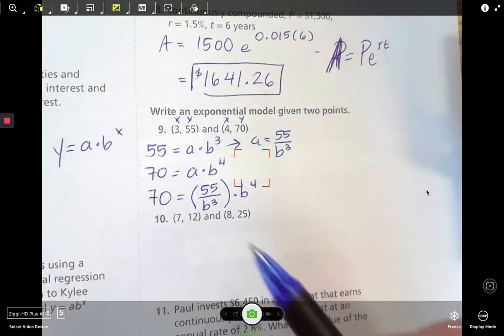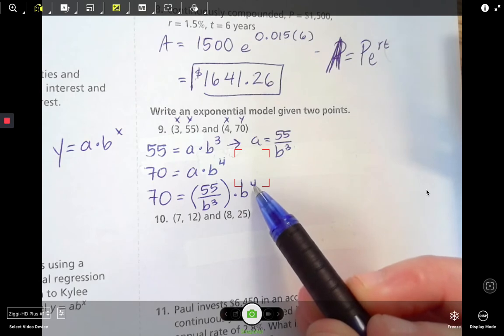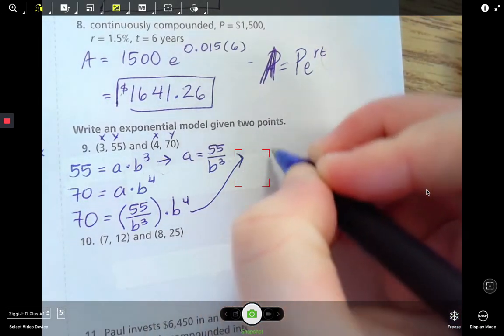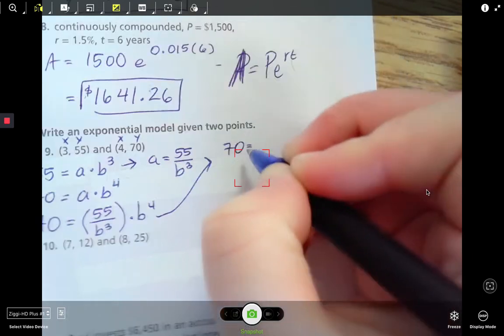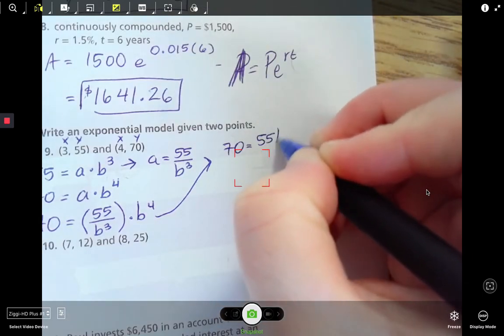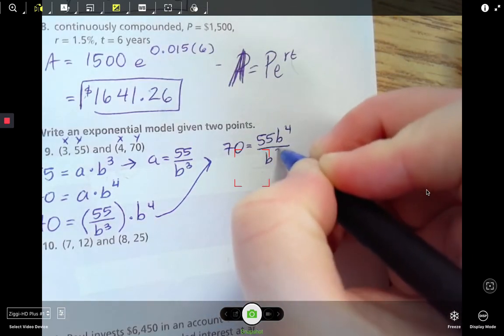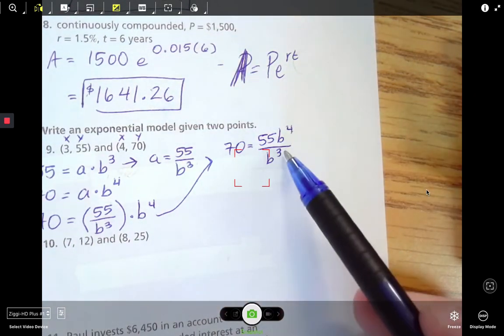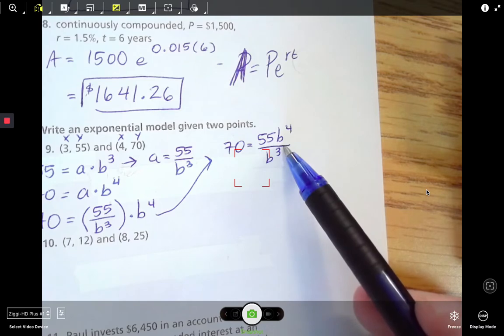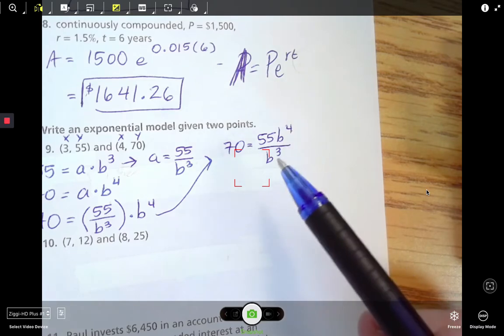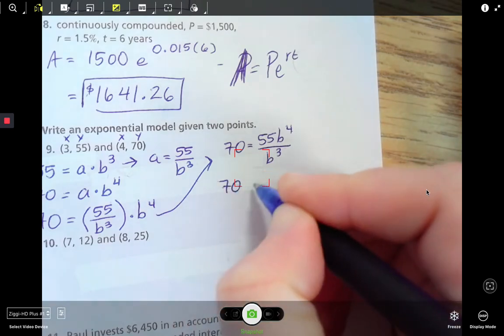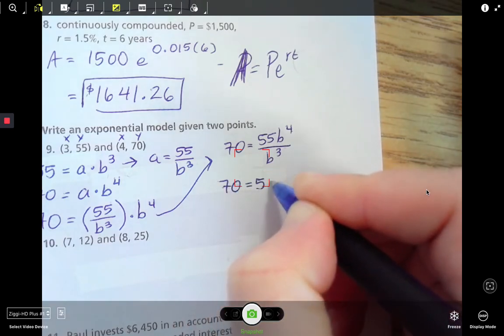So I get 70 is equal to 55 b to the fourth over b to the third. Your exponent rules told you that when you were dividing, you did what to the exponents? Anybody remember? If you divide, you subtract your exponents.